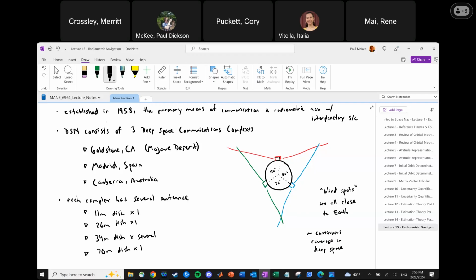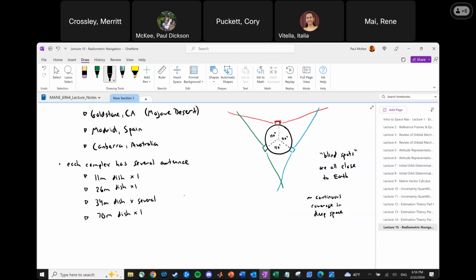Now those are the observation stations. There is also a centralized signal processing center at JPL.